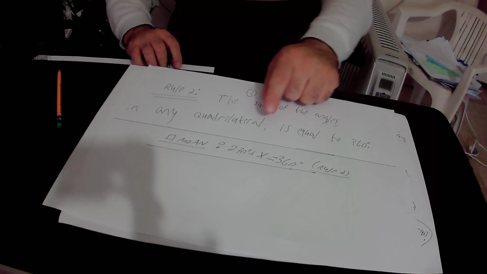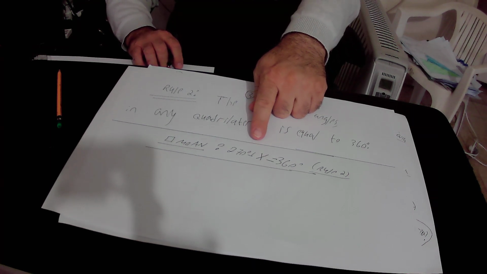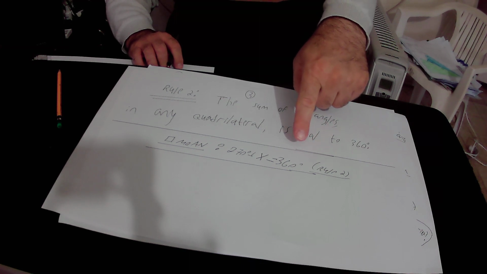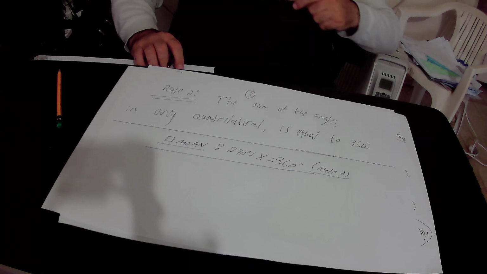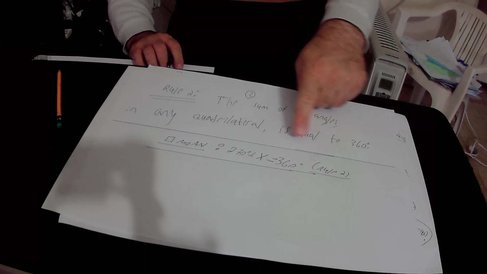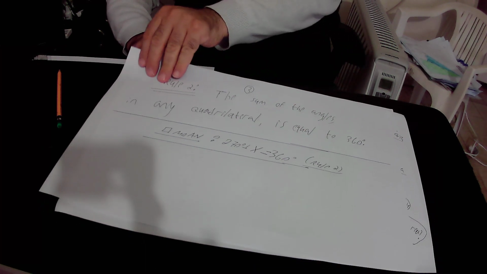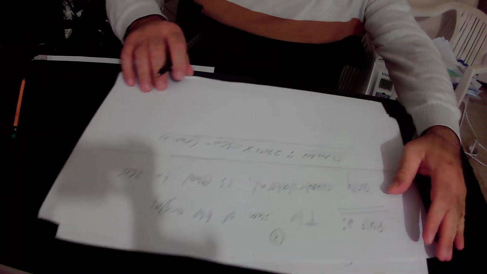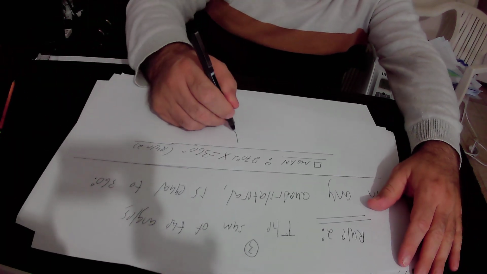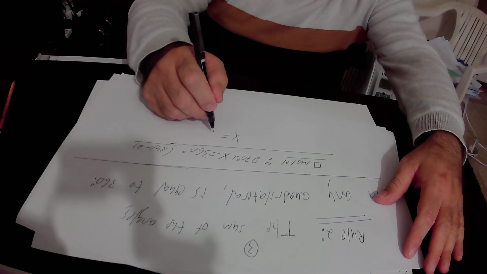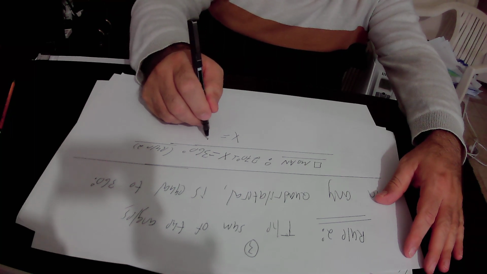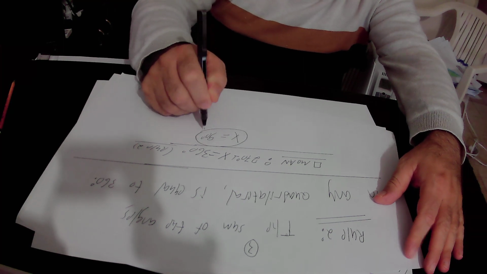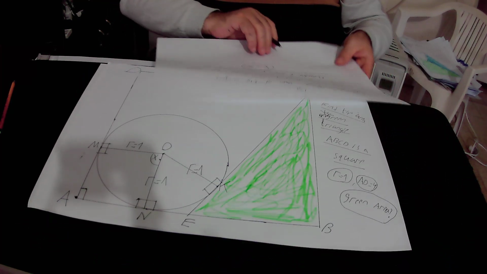So the sum of 3 angles is 270 degrees plus the size of the fourth angle must be equal to 360 degrees. We will subtract 270 degrees from this equality, and we will get that angle X equals 360 degrees minus 270 degrees, which equals 90 degrees. So angle X is a right angle, it equals 90 degrees.